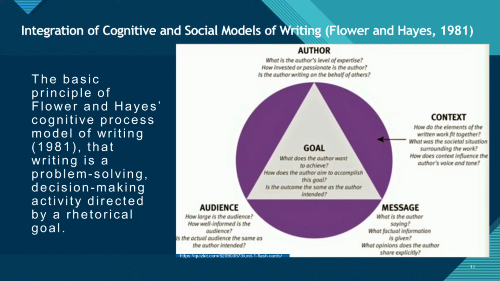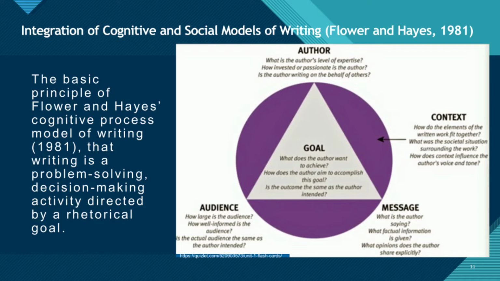A rhetorical goal explains the purpose of your argument and proves your point to the audience about writing. It involves understanding your audience, the context, the tone, and the genre to be used. Rhetorical goals come after knowing the rhetorical situation or problem.